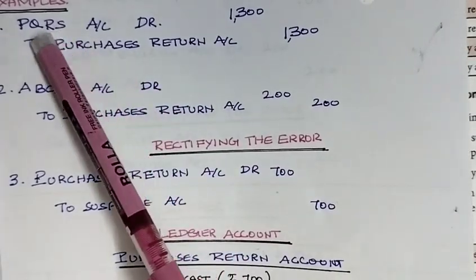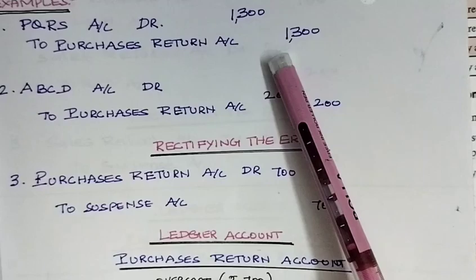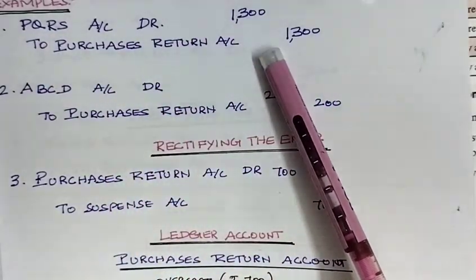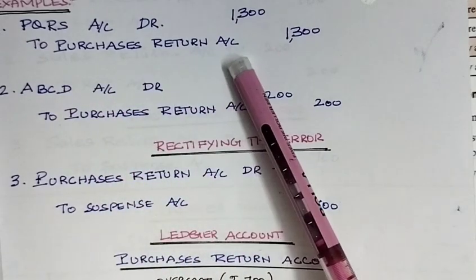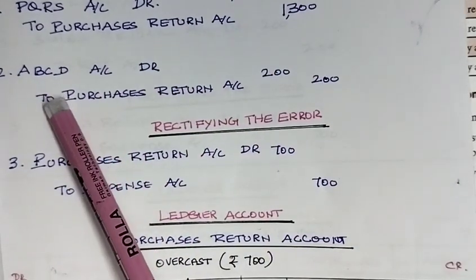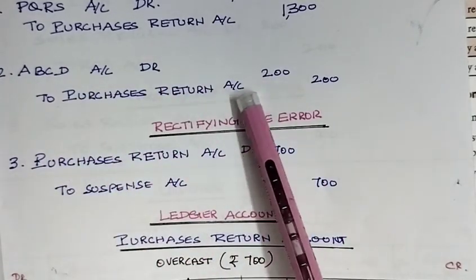Say for example, in the original journal entry, purchases return account is to be credited. So PQRS account debit 1300 to purchases return account 1300 rupees. And the second journal entry is ABC account debit 200 rupees to purchases return account 200 rupees.